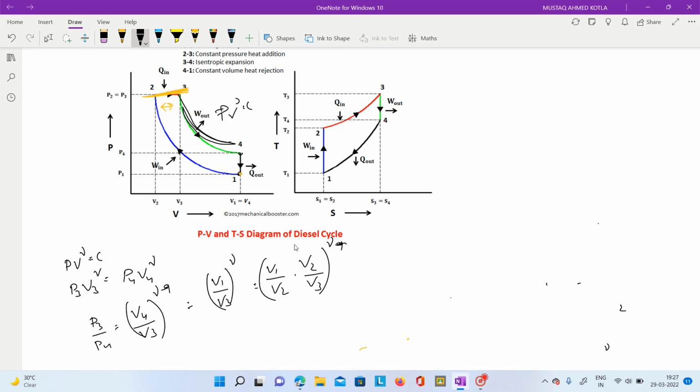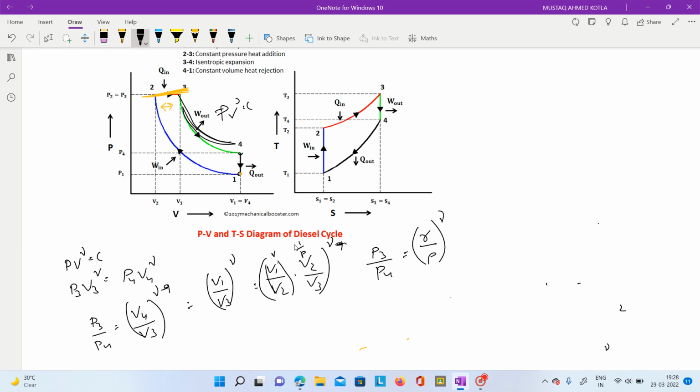Isn't it? So P3 by P4 equals r by rho whole power gamma, since V1 by V2 equals r and V2 by V3 equals 1 by rho, right?